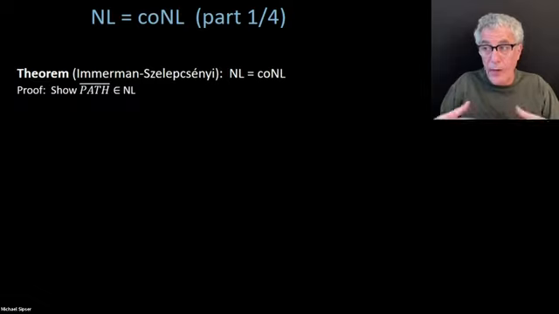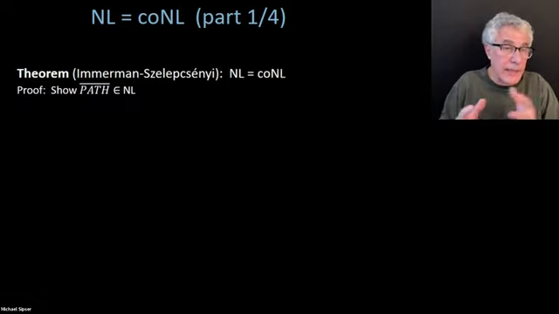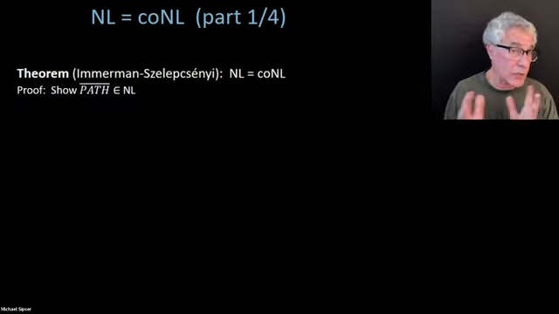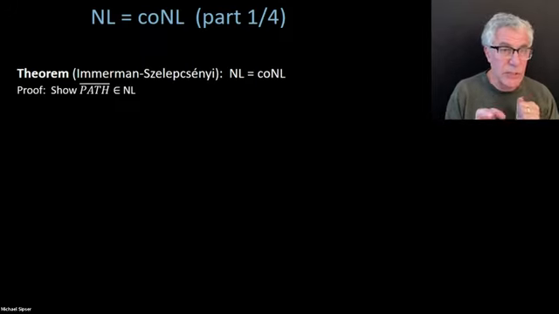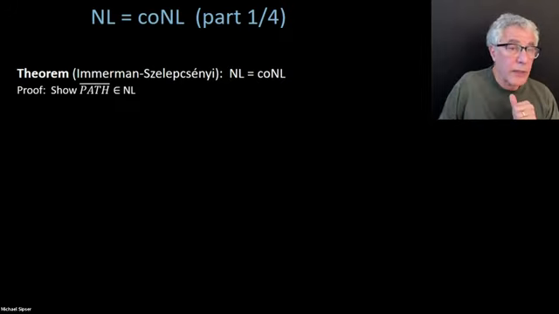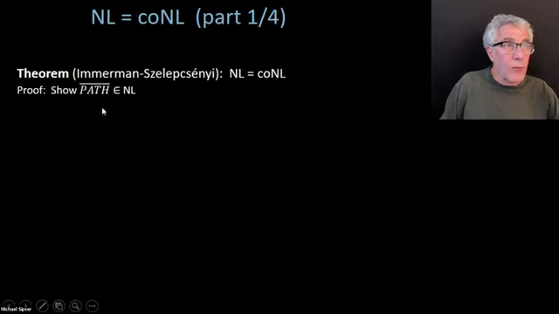So coNL will be inside NL, and then NL is going to be equal to coNL. If that sequence of logical connections is not clear, don't worry. We can go back and figure out why that's enough later.